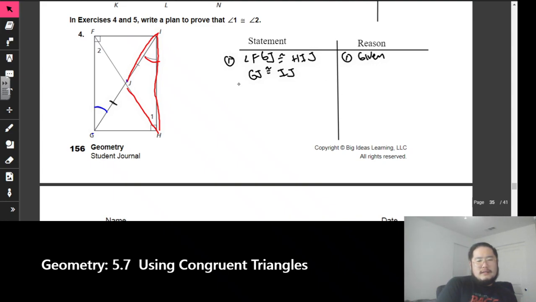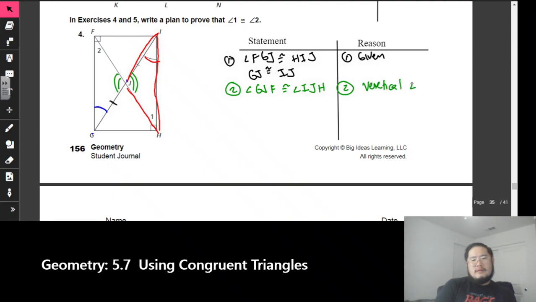In statement 2, I can say right here that angle GJF is congruent to angle IJH. Talking about these two angles right here. And what's that reason? It's that good old trusty vertical angles congruence theorem.